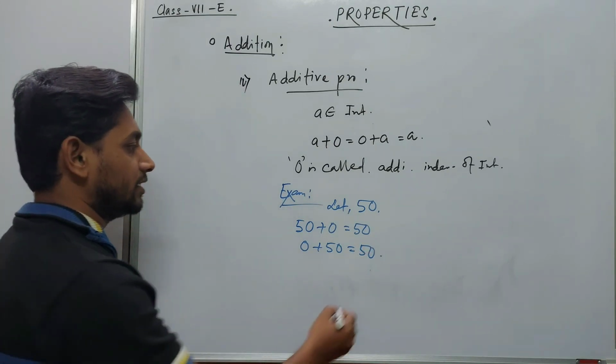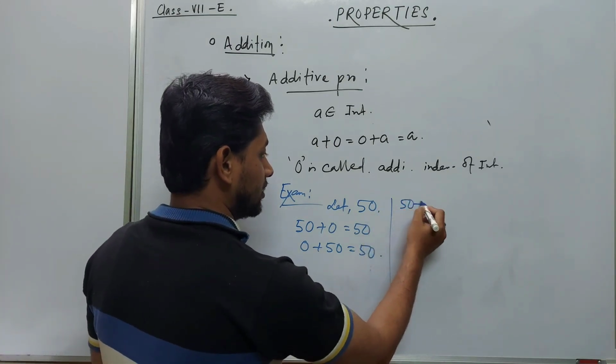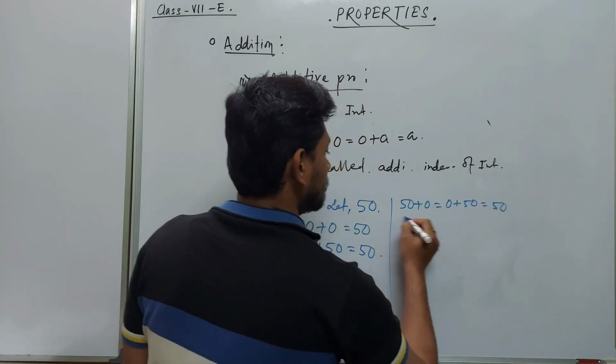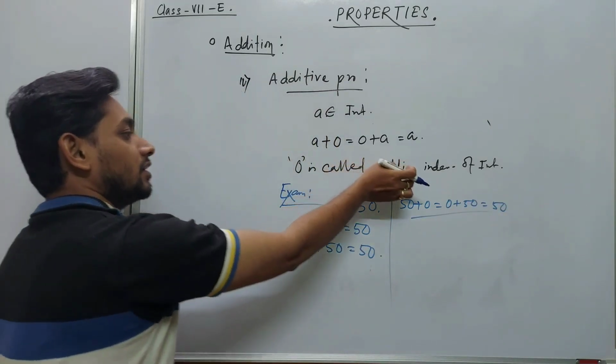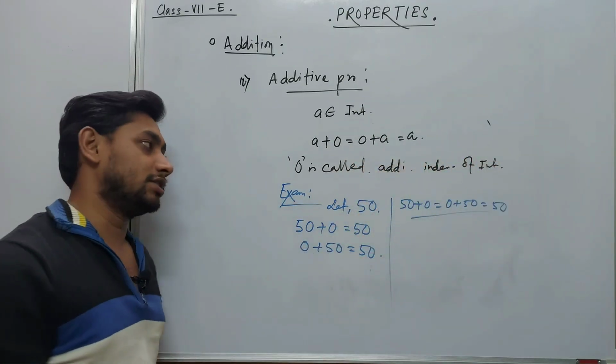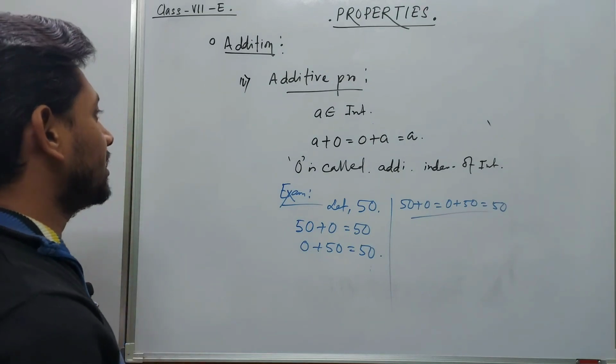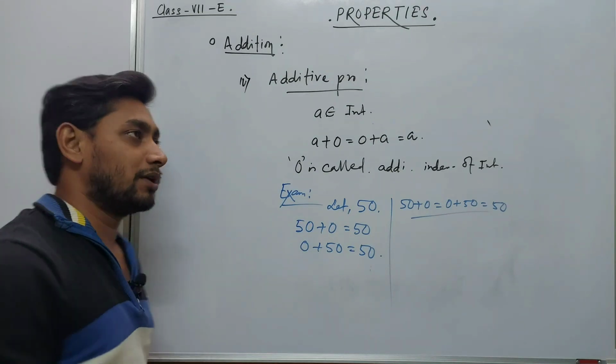That is, 50 plus 0 equals 0 plus 50 equals 50. Here 0 is our additive identity of integers. We write this property under the name of the additive property.